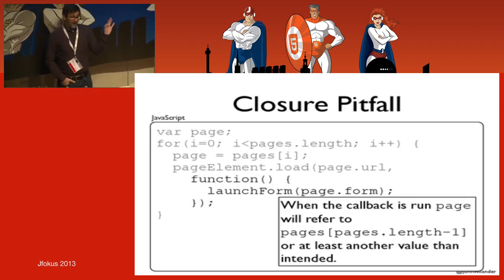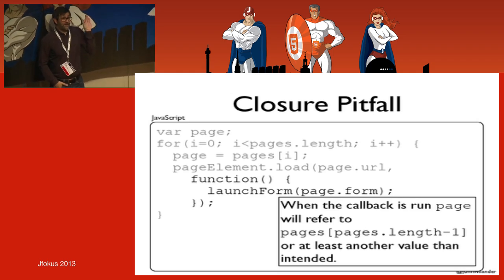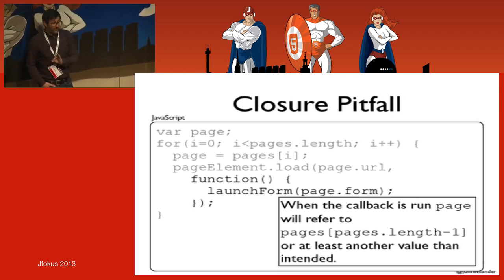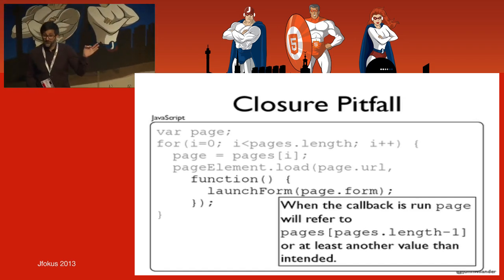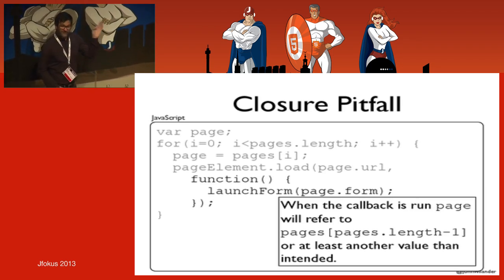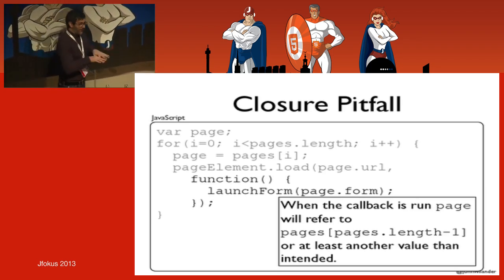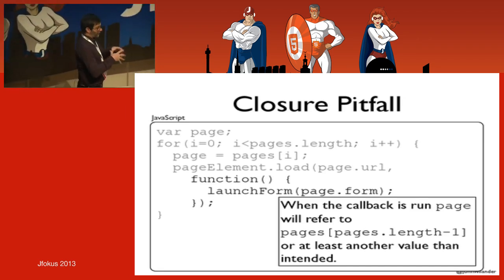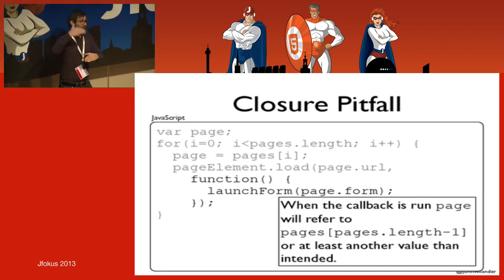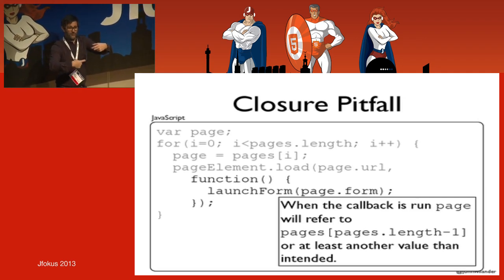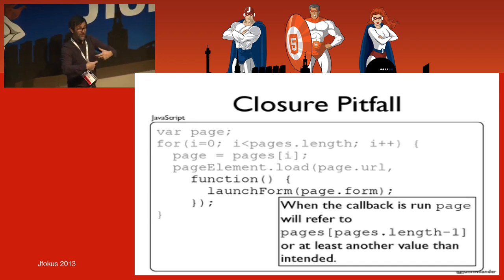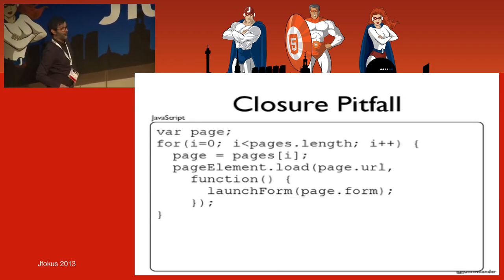And when the callback is run, this is asynchronous, page will now refer to the last of these values, or somewhere in between, depending on when the callback actually fires. So this is a typical problem. You try to declare a local variable close to some asynchronous call, but it gets hoisted, and then you update it in a loop, and when you get the callback, you've overwritten the value you were supposed to use for the callback. And all those forms will have the last page element.